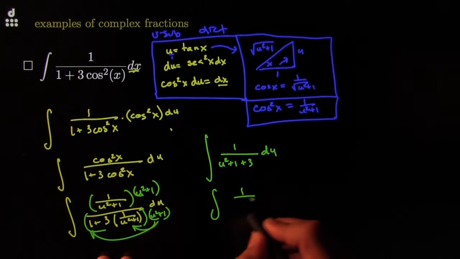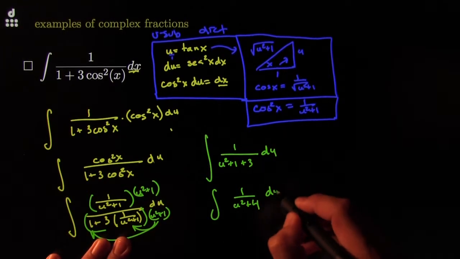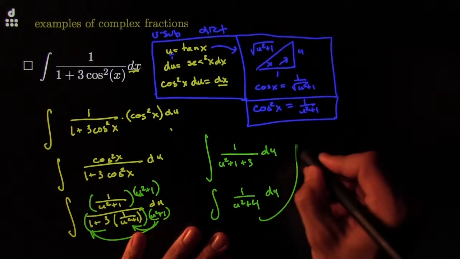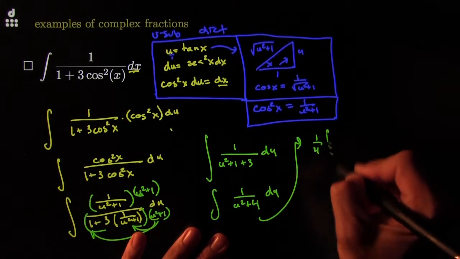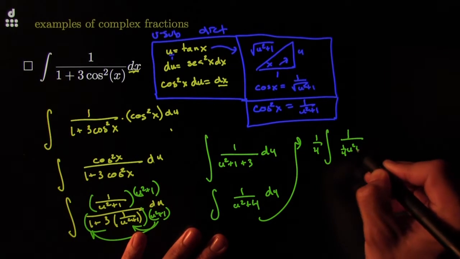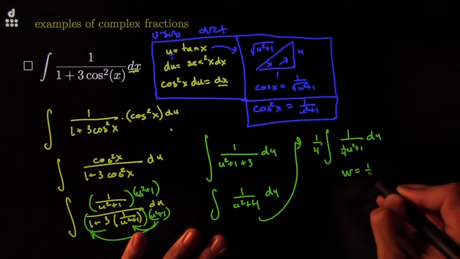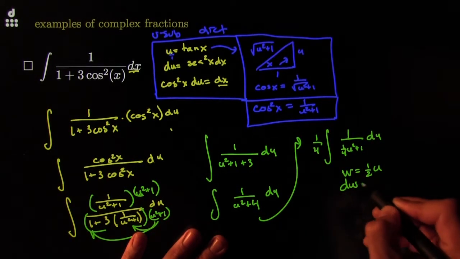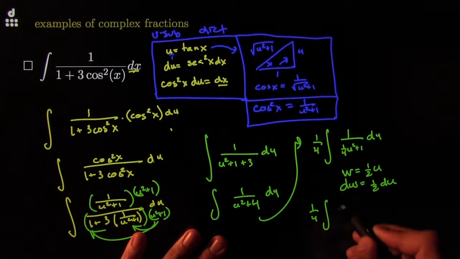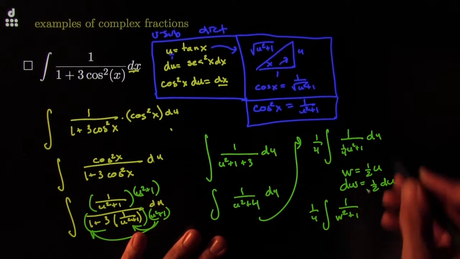This would turn into 1 over u squared plus 4 du, which becomes a really easy integral. I could factor out a fourth here, 1/4 integral 1 over 1/4 u squared plus 1 du. So then I can make w equal to a half u. dw, of course, would be a half du. And this would be 1/4 integral 1 over w squared plus 1.